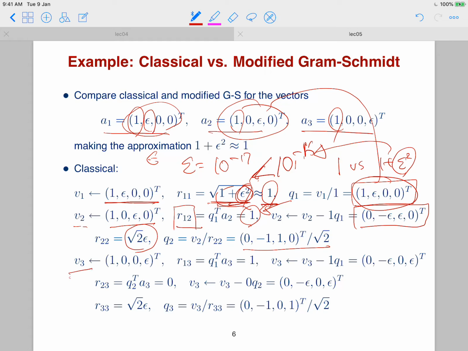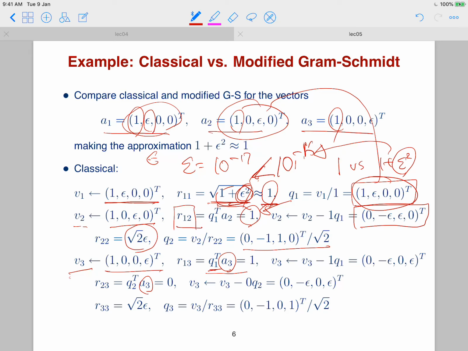And likewise, the third one, in the case of the third one, we compute the inner product with A3 with each of our previously built components, right?